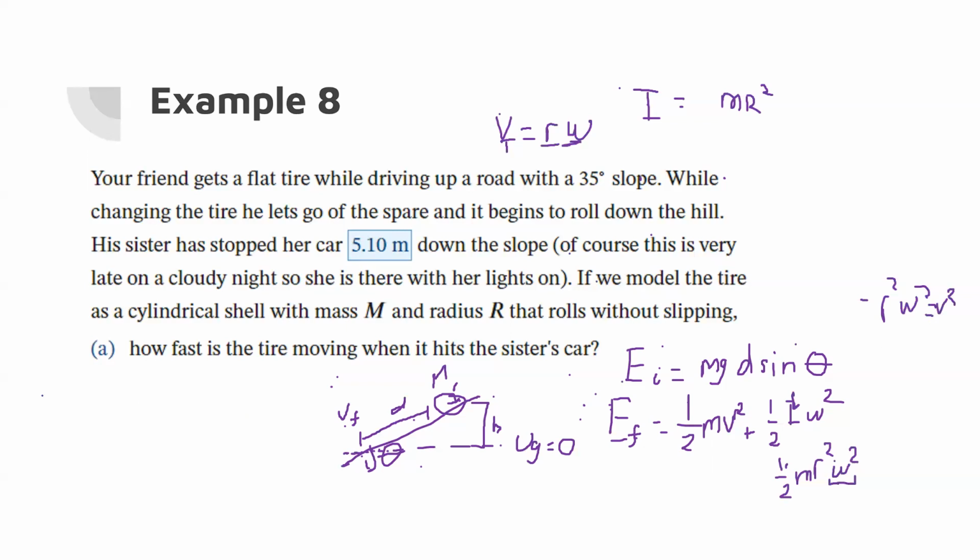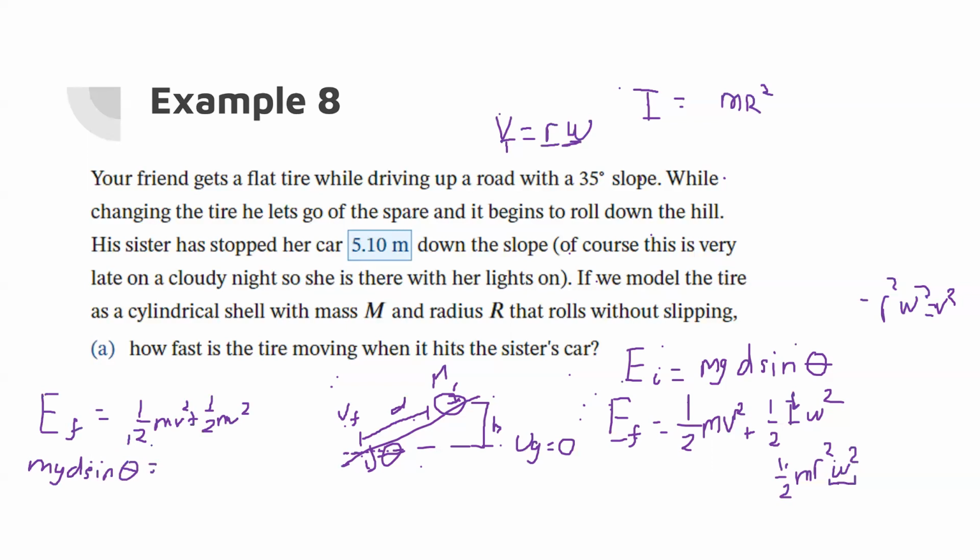And when I do that, I get final energy equal to 1/2 mv squared plus 1/2 mv squared. And then if I set those two equations equal to each other, I get mg d sine theta.